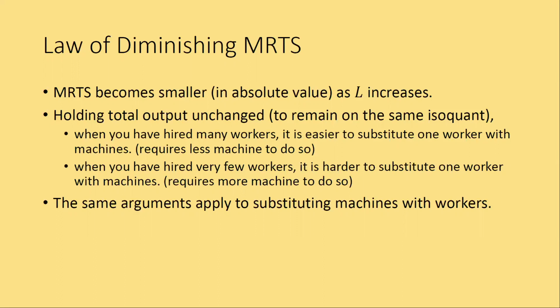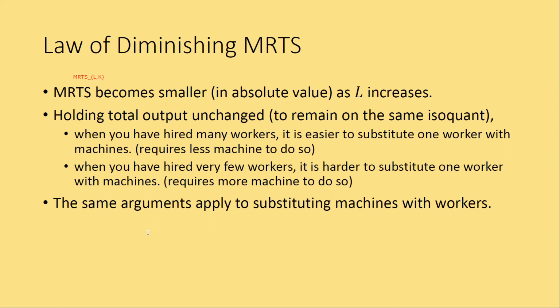And we can apply this same argument to our saying that when we substitute machines with workers, there will be diminishing MRTS. And let me emphasize here, this is the MRTS of L comma K, because it is substituting workers for machines, so it is L comma K coming here, right? All right.